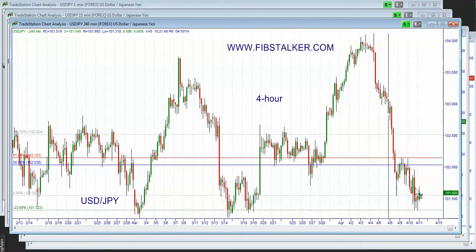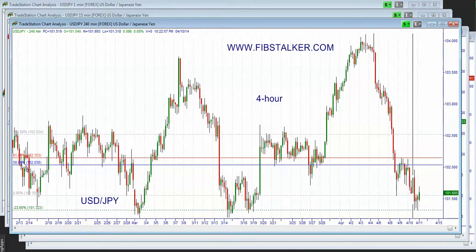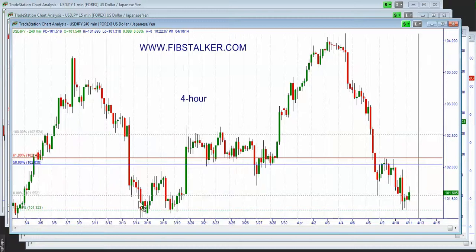And I also mentioned that yesterday we did not see any failure of the 61.8%, 102.15, 102.16 here. And in fact, shorts were still in control on the 4-hour chart, and they were able to bring price into this first target, 103.32.